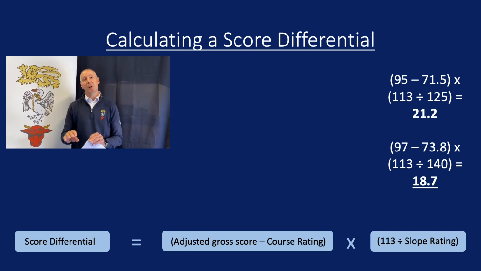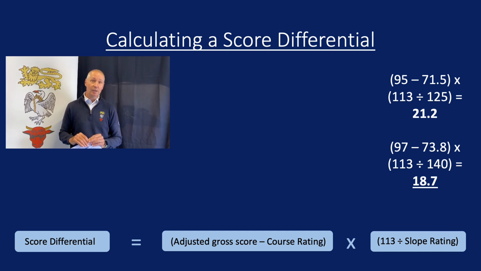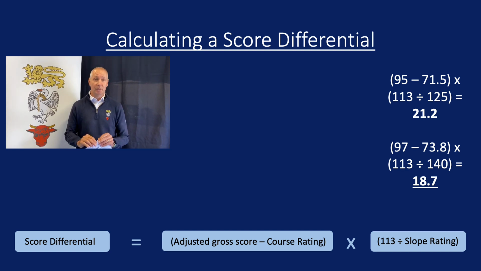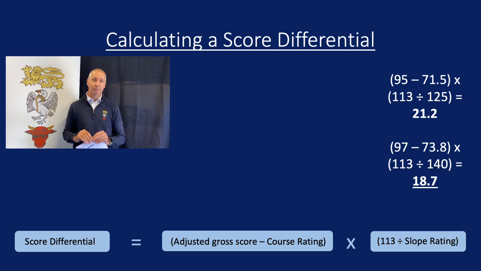We then have to apply slope. So what we do is we multiply by 113 and we divide by the slope rating of the set of tees that you've played. This effectively gives you your score less the standard scratch or the course rating for the golf course at your particular handicap level.